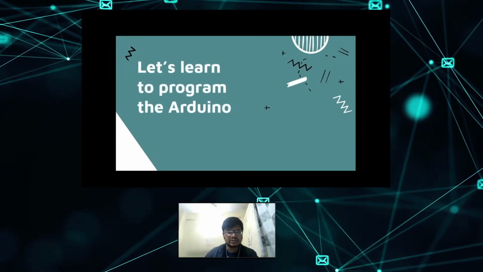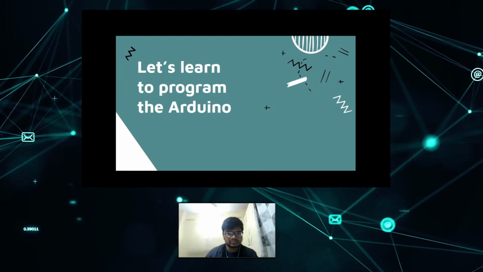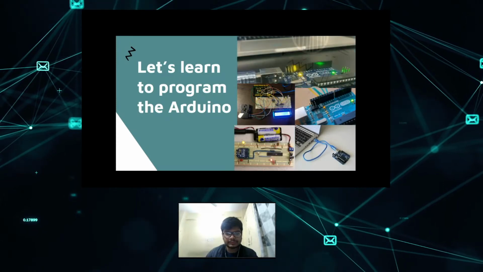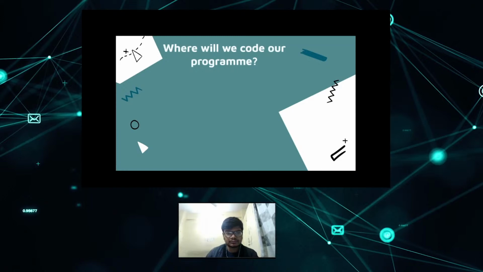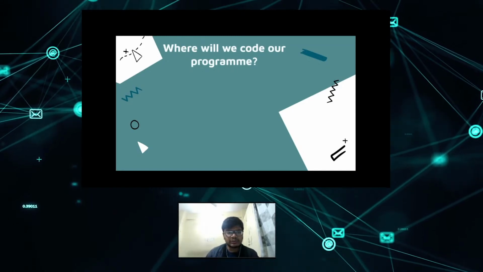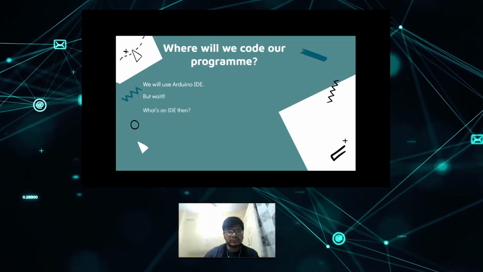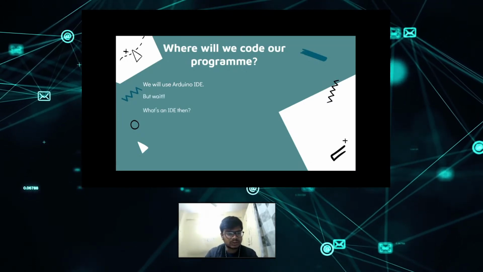So now let's learn how to program the Arduino. Where will we write our code, the program that we have to write? We use the Arduino IDE to write our code.